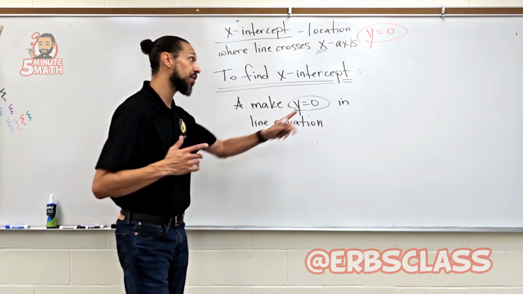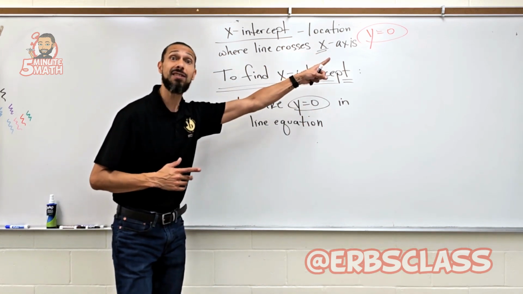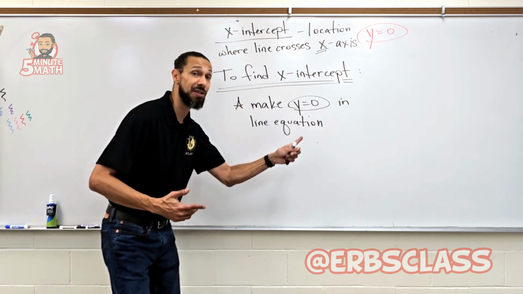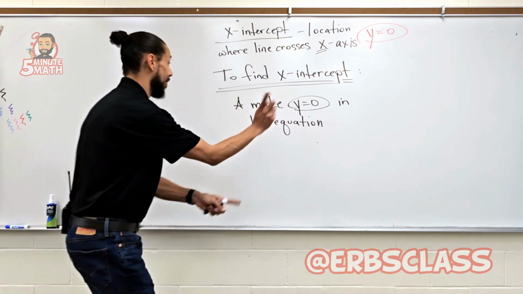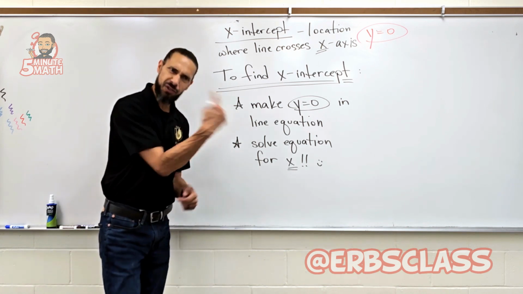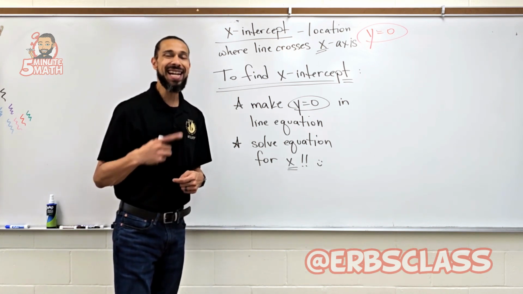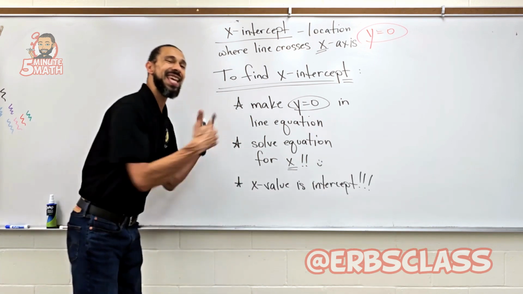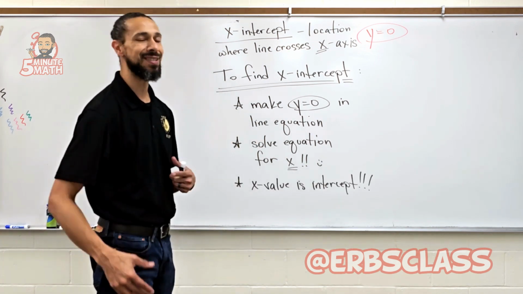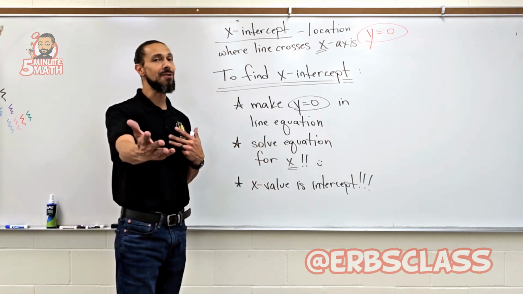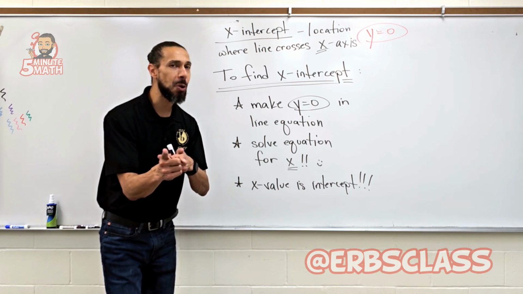In that line equation, make the variable y equal to 0. Then the only variable you'll have left is x, so we solve that equation for x. That x value you get is the x value of the intercept. Remember, the y value is going to be 0. You want to try one real quick?